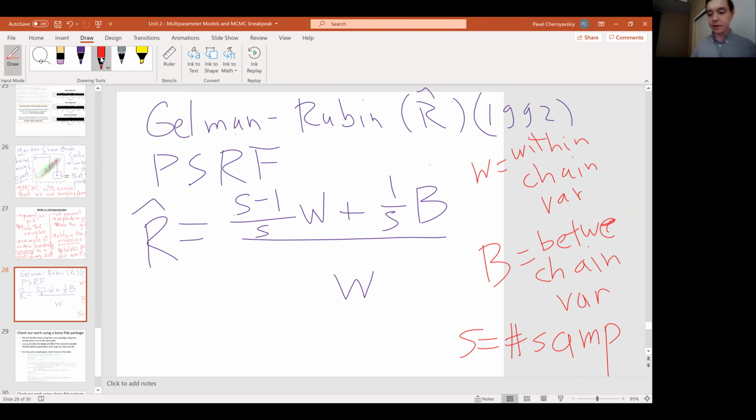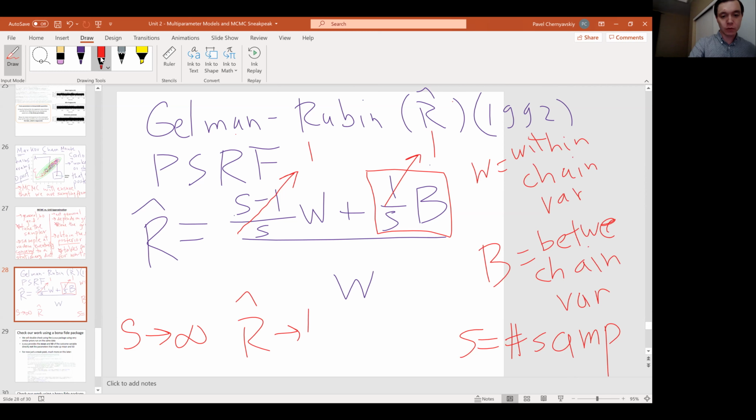So let's take a look at the behavior. What happens as we take a large enough number of samples? So what happens as S goes to infinity? As the number of samples goes to infinity, this quantity right here goes to 1. As S goes to infinity, our hat goes to 1, which indicates convergence.